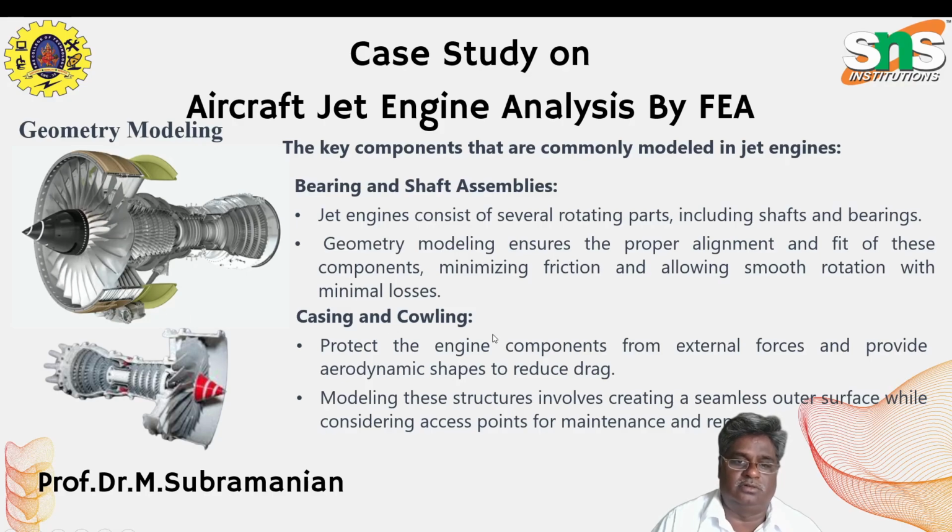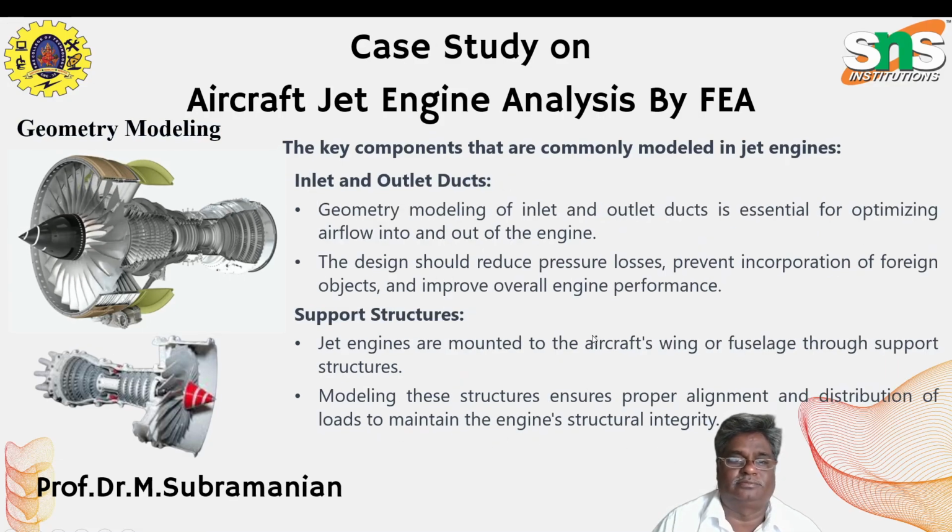Casing and cowling protect the engine components from external forces and provide aerodynamic shapes to reduce drag. Modeling these structures involves creating a seamless outer surface while considering access points for maintenance and repair.